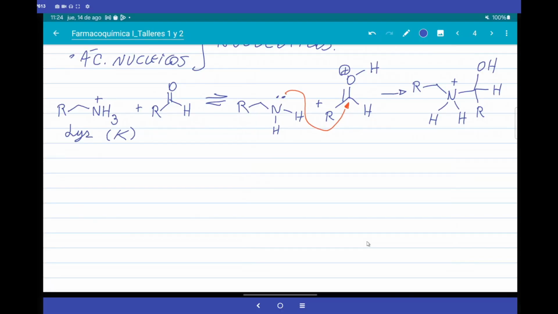When one has structures of this type, you always have to remember that it is in the middle of a pit, and therefore there are many possible acid-base equilibria. At some point the nitrogen could be deprotonated and the hydroxyl could be protonated. Proton transfer equilibria are very common.